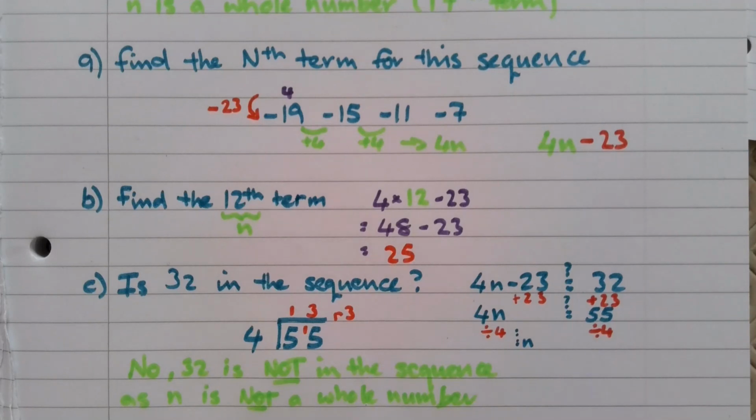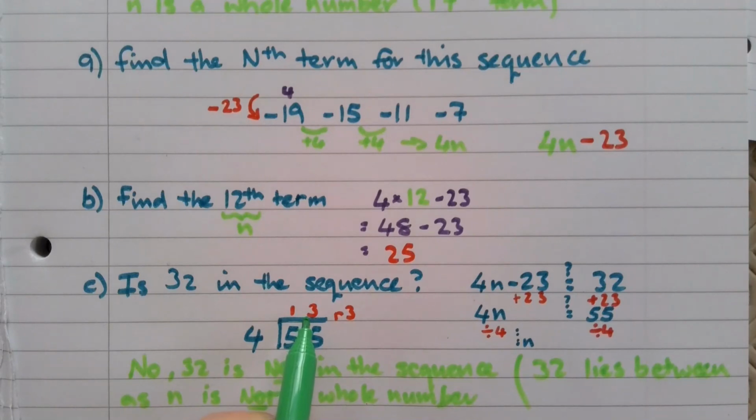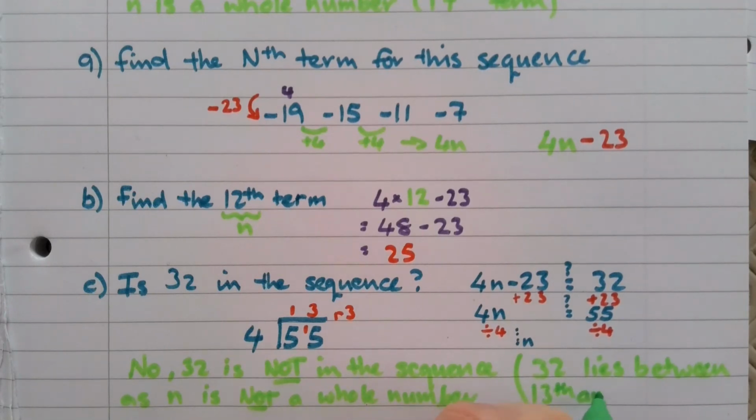So if we look at our bus stop, so 32 lies between, so it's going to lie between the 13th term and the 14th term, isn't it? Okay, and we're definitely done now.